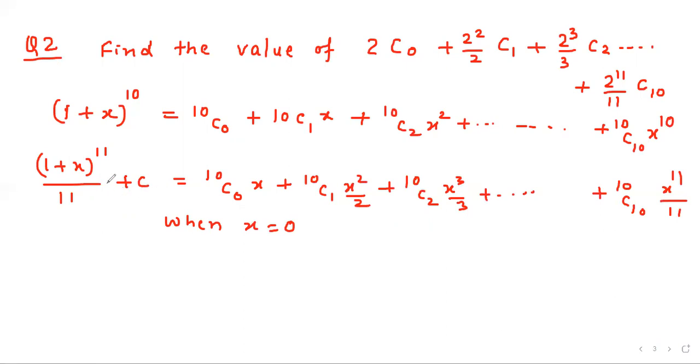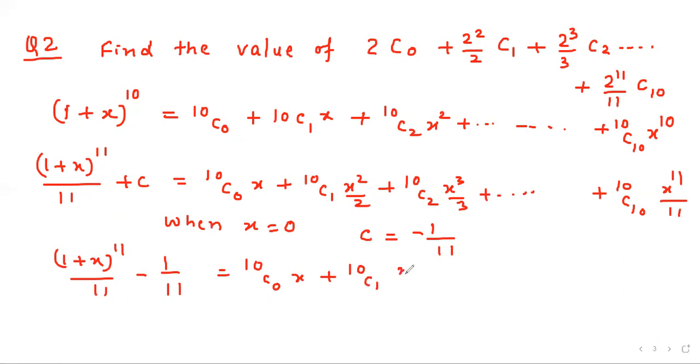Then what is c? So we will get c equal to minus 1 by 11. So here we get (1 plus x) power 11 divided by 11 minus 1 upon 11 equal to 10C0 x plus 10C1 x squared by 2 plus ... plus 10C10 x power 11 by 11.